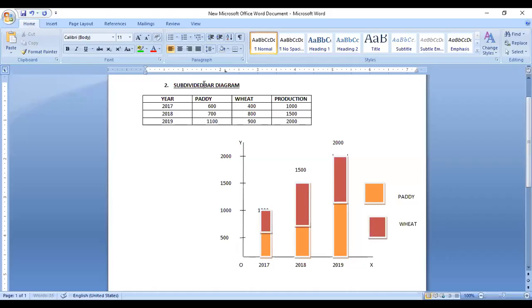Then the third one is percentage bar diagram. If subdivided bar diagrams are presented on percentage basis, that is, each component as a percentage of the whole, it is said to be a percentage bar diagram.